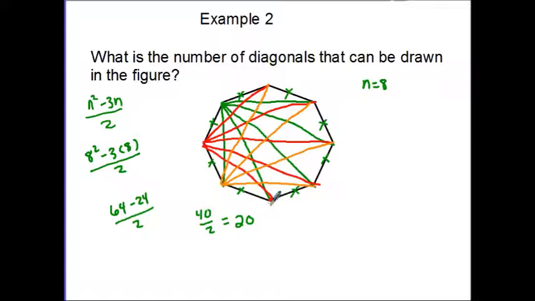We have 15, 16, 17, this one's already connected, this one's already connected, 18, 19, already connected, and we got one more. A total of 20. We have a total of 20 diagonals in this octagon.